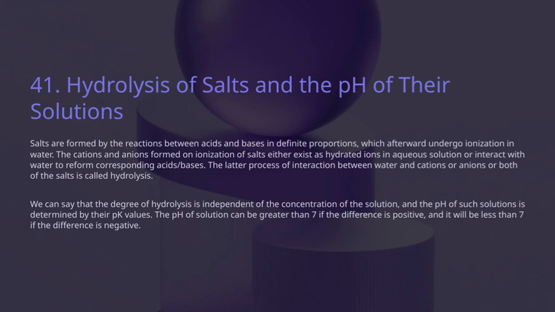This interaction between water and the ions of the salt is what we call hydrolysis. It's a key process because it influences the pH of the solution, depending on how these ions behave in water. Understanding hydrolysis helps us grasp how salts affect solution acidity or alkalinity, which ties back into the broader theme of acid-base chemistry and solution behavior.